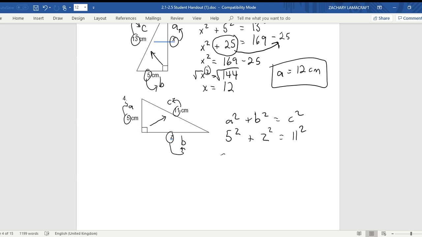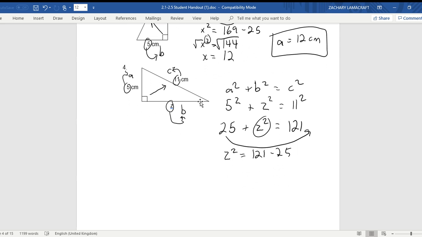So 5 squared is 25. Then we have Z squared. Then we've got 11 squared, it's 121. Remember, we want to keep this by itself. So what we need to do is move that positive 25 over. So it'd be Z squared is equal to 121 minus 25, which would give us Z squared is equal to 96.